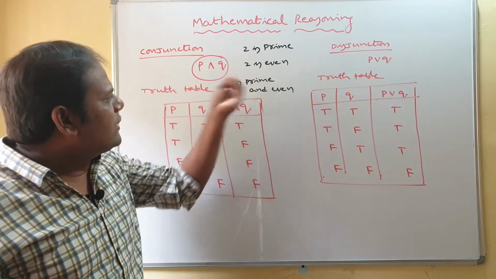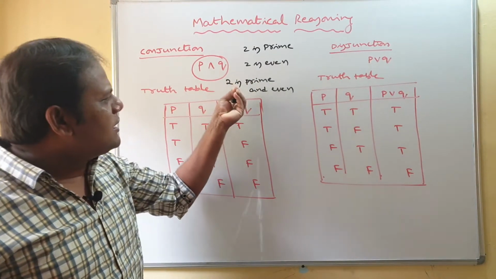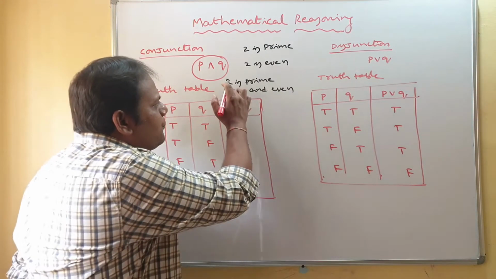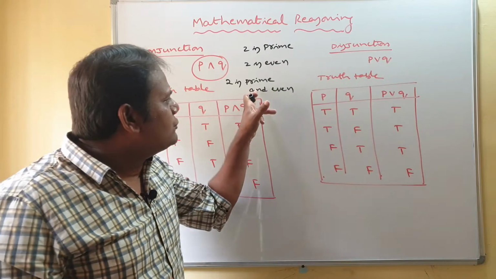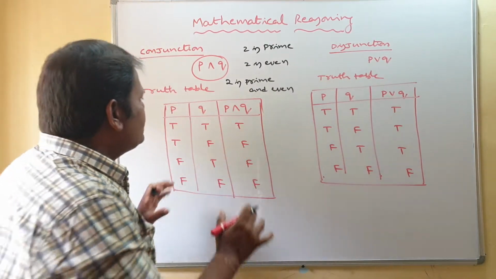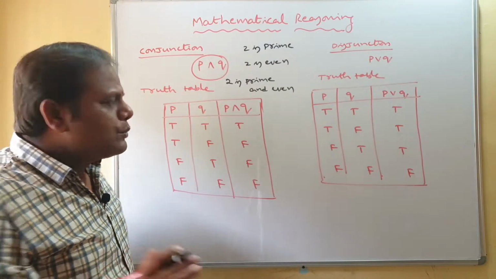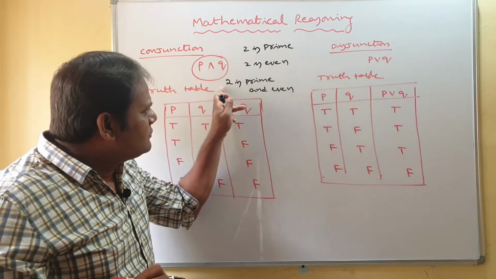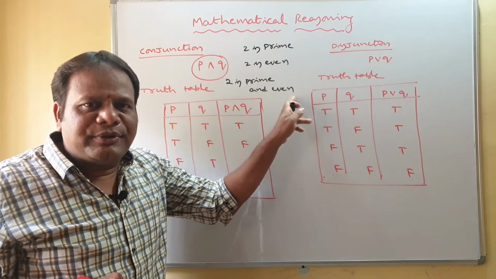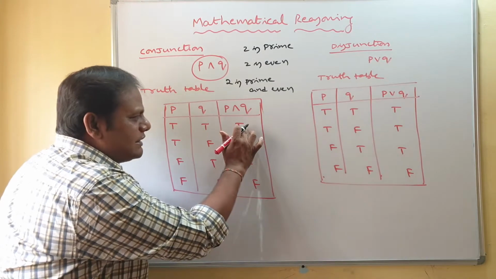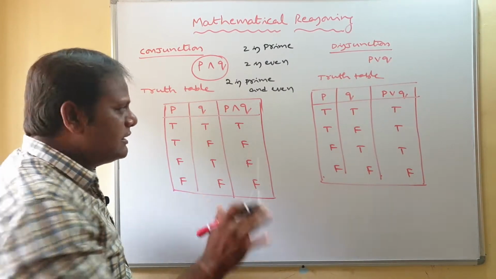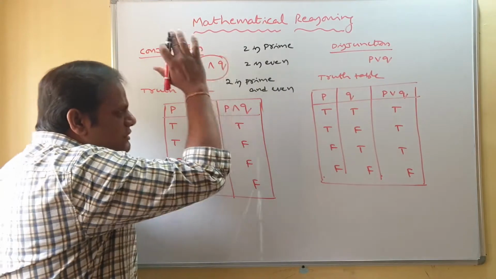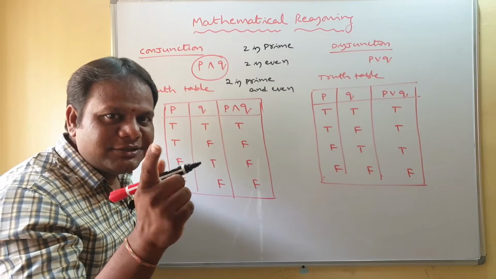In general, in the English language, when we use 'and', both are true. Is it right? Just remember that. Both P and Q are true, then only this gives the correct meaning, otherwise false.